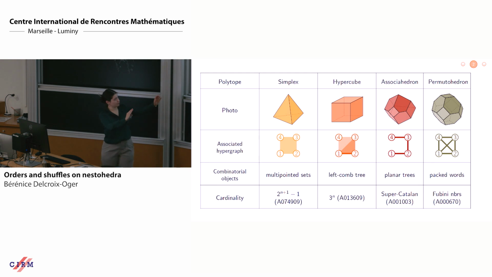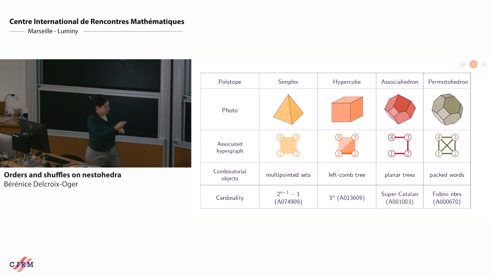Because if you remove the intersection of 1 and 2 and the intersection of 2 and 3, then you have to remove also the element of the top, so the intersection of 1, 2, 3. Is it clear? Okay. So these are the polytopes and their associated hypergraphs.